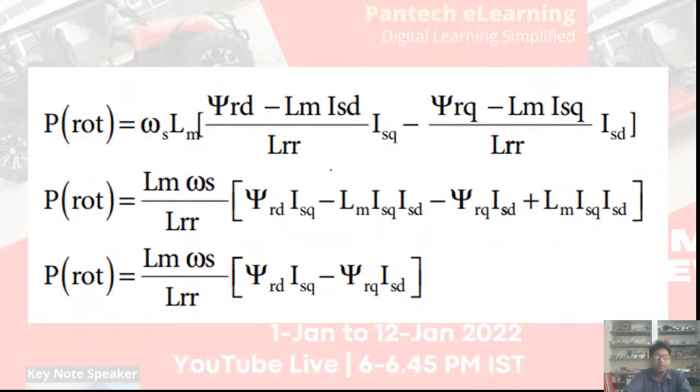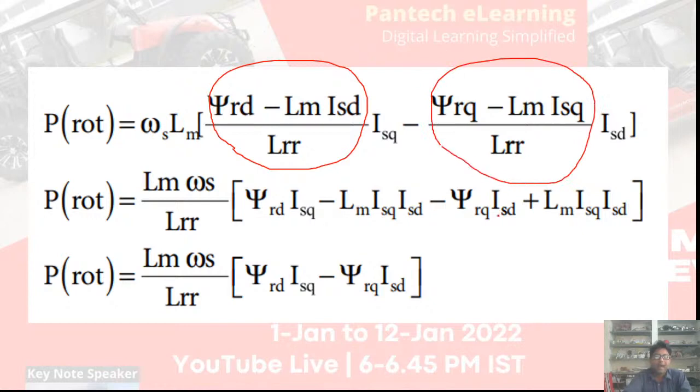Now in that equation, here you see, this is the value of IRD and this is the value of IRQ. So now if I replace it and simplify it, then the equation is converted like this.